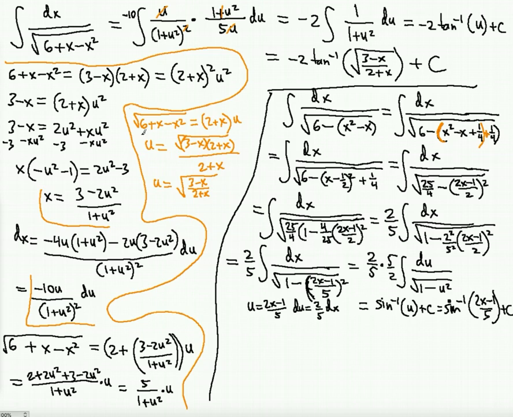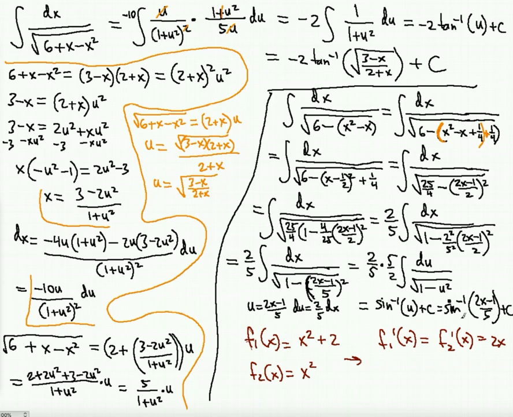But when I say derivative, you have to understand, if you want a primitive example, for example, if you got the first function being equal to x squared plus 2, and then the second function being equal to x squared, notice that both of their derivatives would be precisely 2x. Right, so that's exactly the case here.